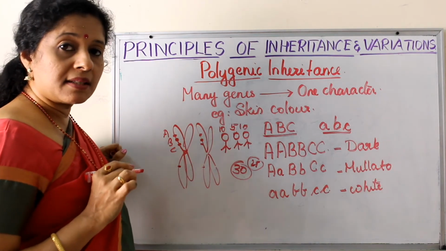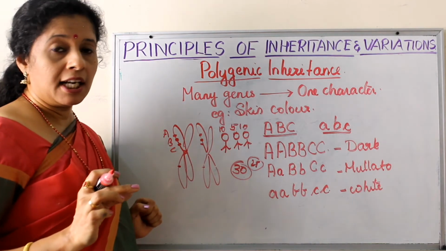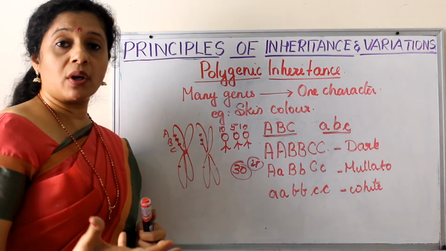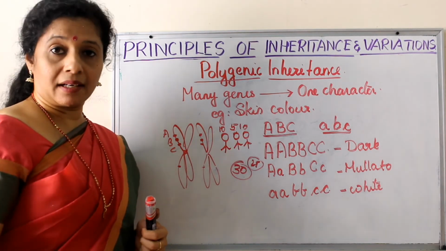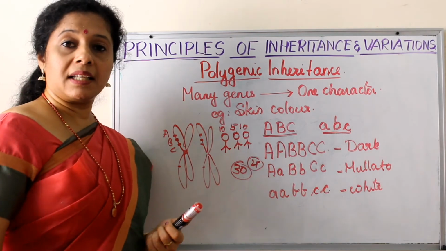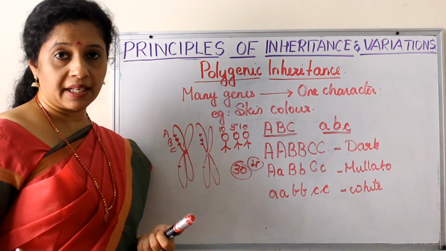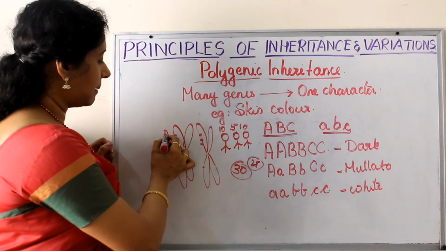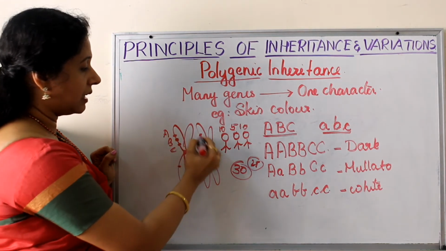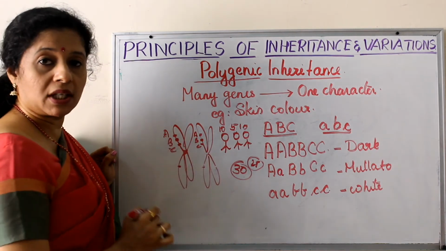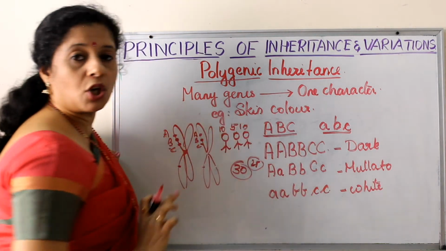We know skin color is due to pigment melanin. So if capital dominant alleles are there, they will produce more pigment, making the skin darker. If recessive alleles are there, less pigment will be produced, skin will become lighter, right? So here, suppose a person has ABC, the other chromosome also ABC. So everywhere homozygous, that is purely homozygous dominant.